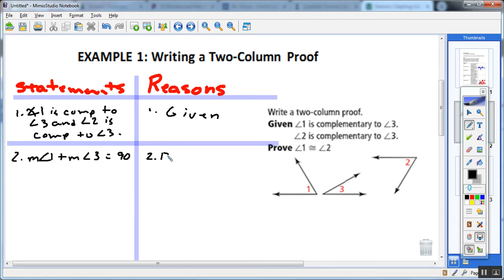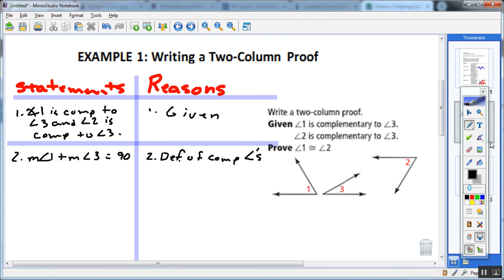Definition of, I always write definition, and I'll abbreviate. Definition of what kind of angles? I'm going to abbreviate. This is the definition of complementary angles up here. Now, are 1 and 3 my only pair of angles that are complementary? No. So, how about a statement 3? The measure of angle 2 plus the measure of angle 3.